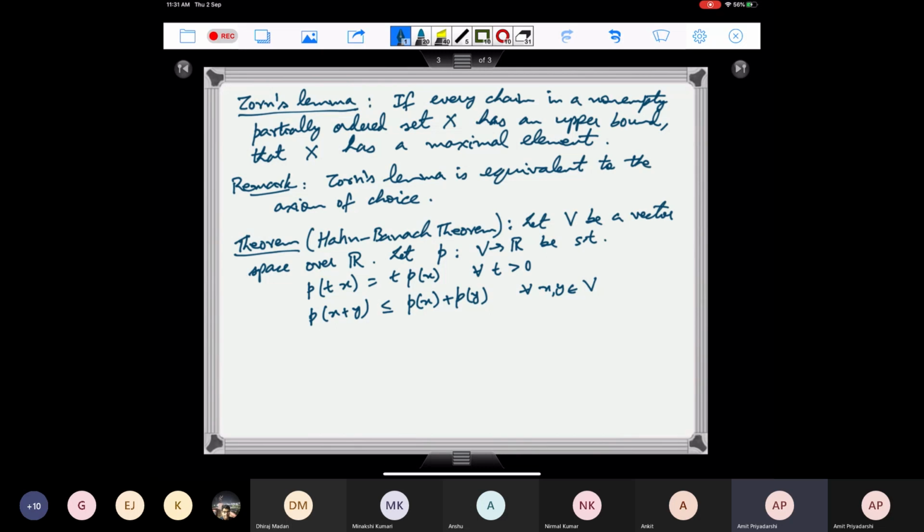Such a P is called a convex functional. By assuming these two things, you can see that P is a convex function, because if you take P of tx plus (1 minus t)y, where t is between 0 and 1, then by properties 2 and 1, that is less than or equal to t times Px plus (1 minus t) times Py.